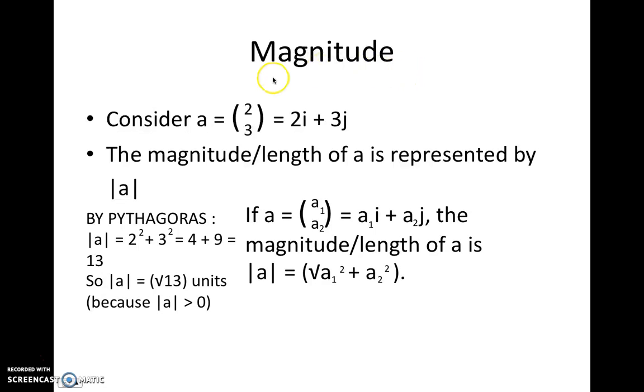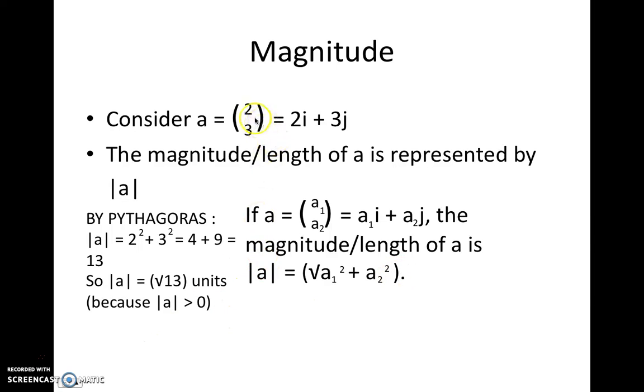So magnitude. Consider A is equal to (2, 3), or 2i add 3j. The magnitude, or length, of A is represented by the length of A, which has two lines on either side of it. We use Pythagoras to solve this. So if A is equal to (a1, a2), or a1i add a2j, the magnitude of A is equal to the root of a1 squared add a2 squared.